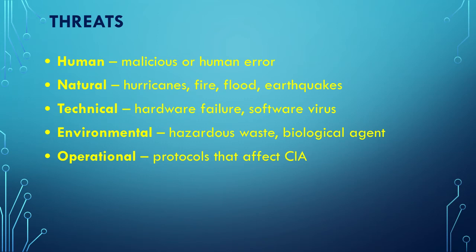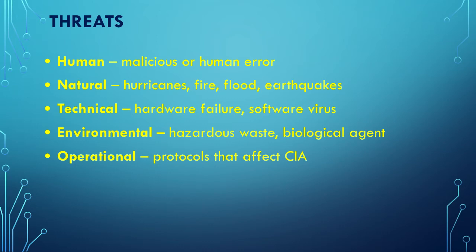Human error, okay? It might be just an accident. We all do it. It's part of being human. You know, you hit the wrong key or something like that. But then you also have malicious humans who do bad things. Natural threats are Mother Nature made, usually.